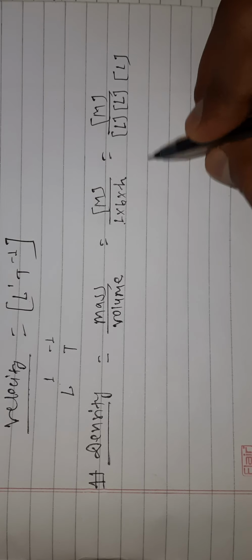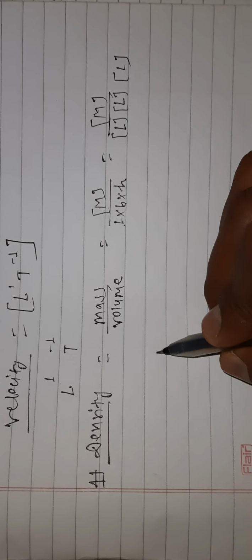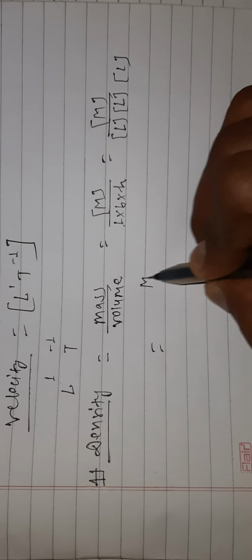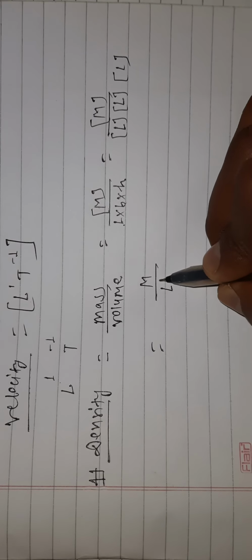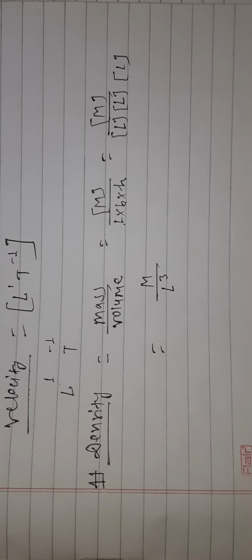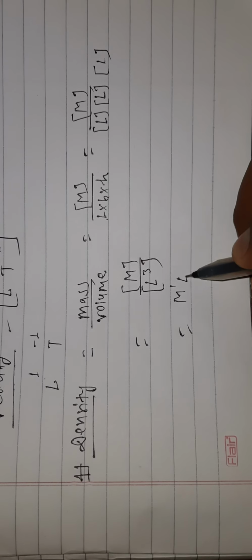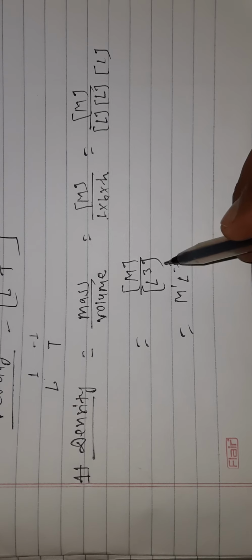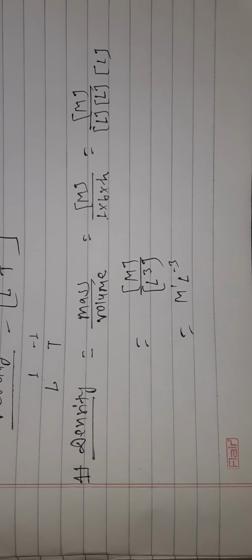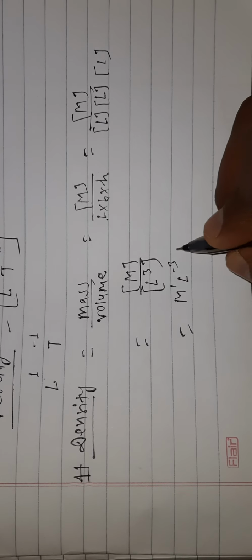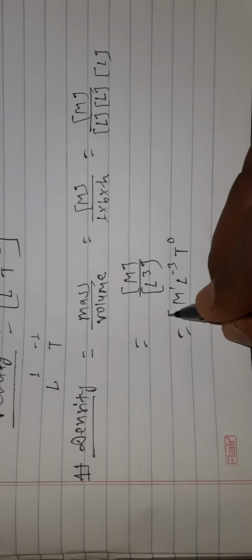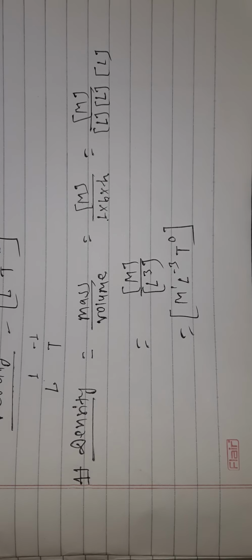After combining all these dimensional values, we can write M upon L cube. After this we can write M1 L minus 3, and time is not given here, but we have to include time also, so we write T to the power 0. So this becomes the dimensional formula of density.